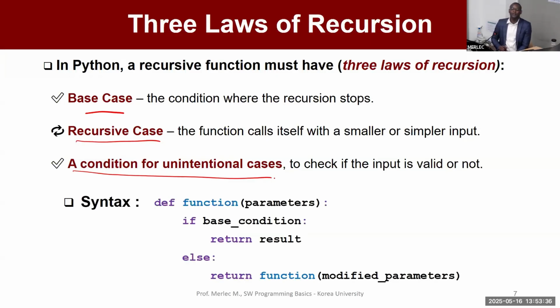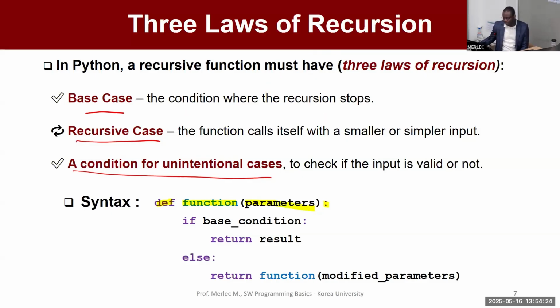So here is the syntax to define a recursive function. It's like any normal user-defined function where you use the def keyword, and then the def keyword should be followed by the name of the function, and then you have parentheses. In the parentheses, you have to provide parameters which will be receiving the argument when the function will be called, and the header line of the function will be ending with a colon. The colon says that this is a multiple line instruction.